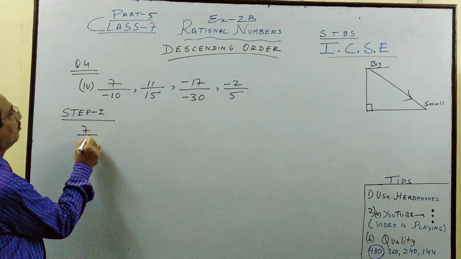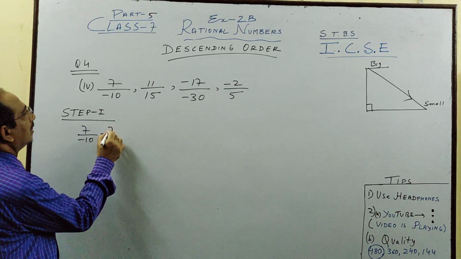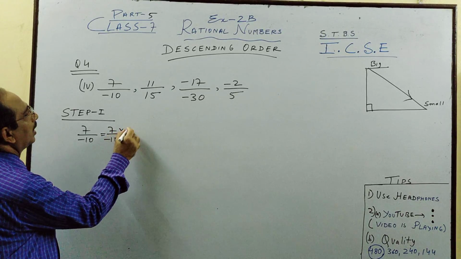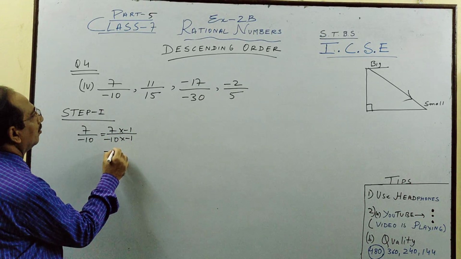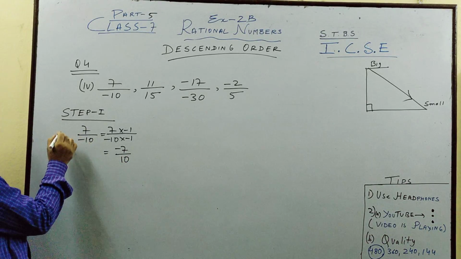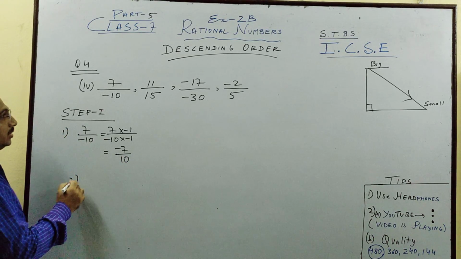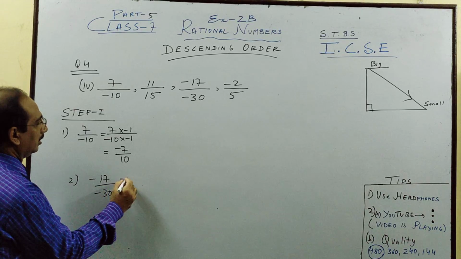So see, 7 by minus 10 is equal to 7 by minus 10 multiplied and divided by minus 1. So you get minus 7 by 10. So this is my step 1. Next, I have another one, minus 17 by minus 30.